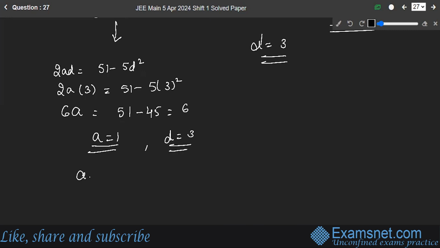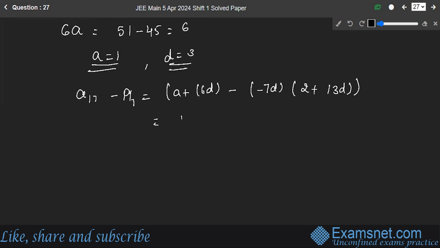Now, what you have to find out was A17 minus A7. A17 will be given by first term plus 16 into D, minus 7D into 2 plus 13D. So this is equal to A was 1 plus, wait, 16 threes are 48.